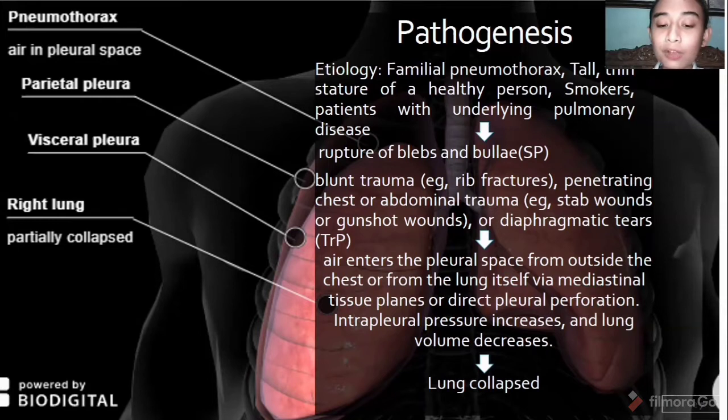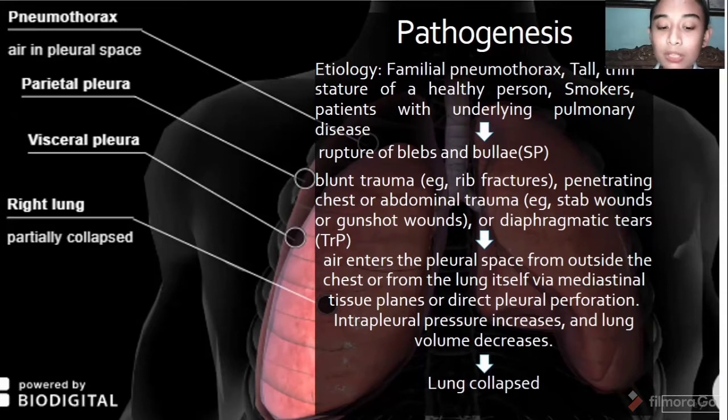This would cause pleural pressure to increase and lung volume to decrease. This would create a positive pressure within the pleural space. This would cause the lung to collapse.